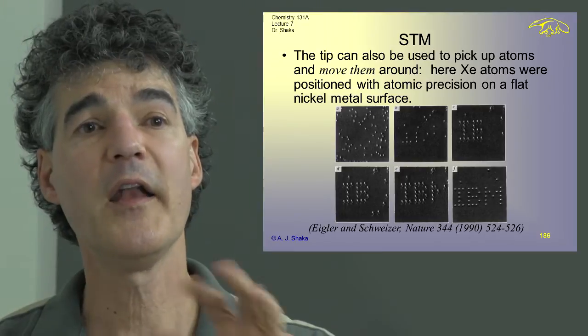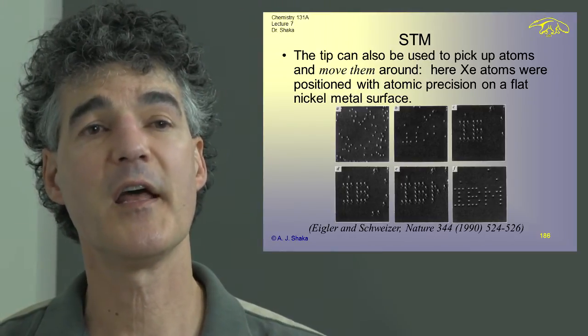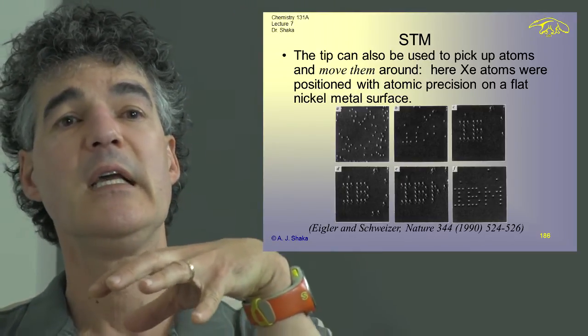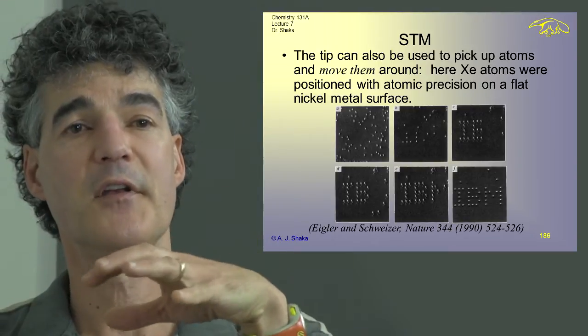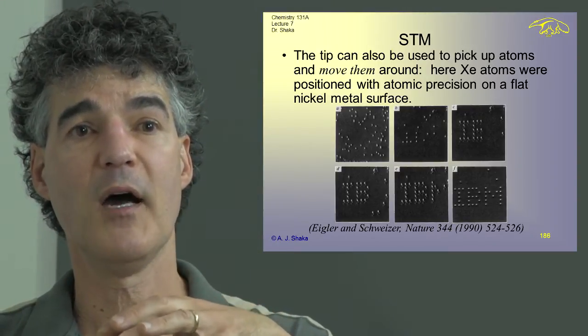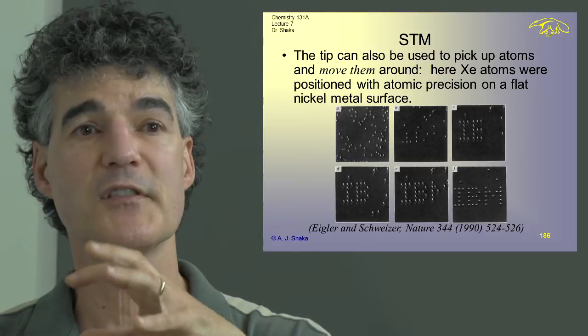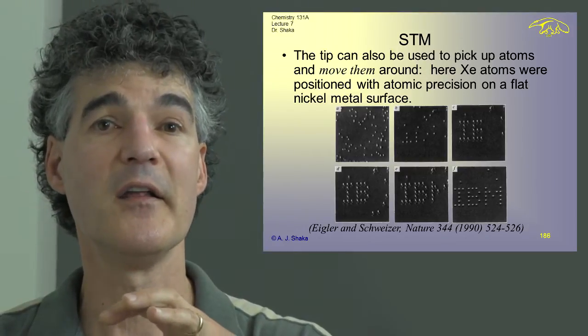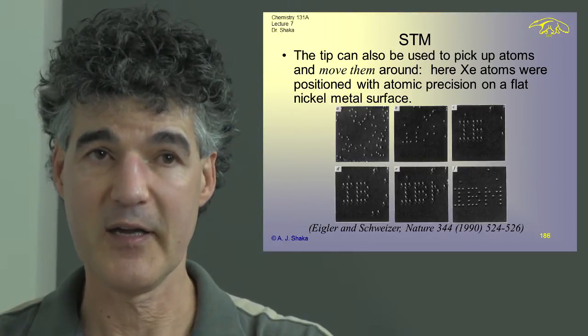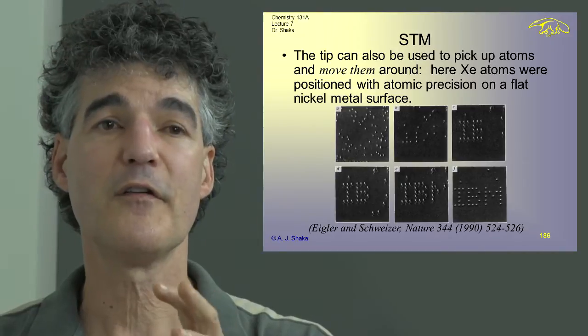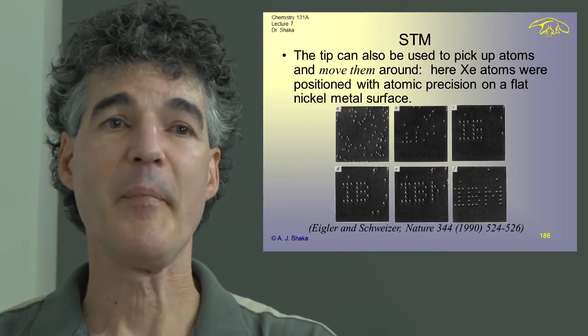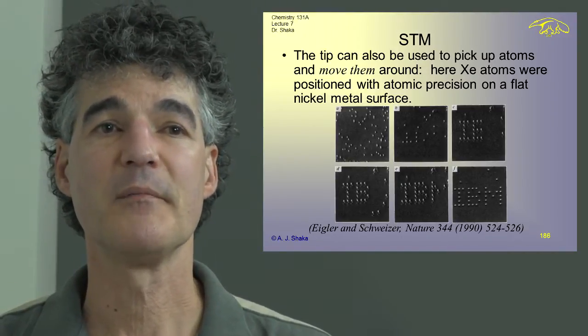And on it are scattered some xenon atoms. Xenon atoms have a lot of electron density, and they show up there as these round things, just like you might imagine a xenon atom should look. And you can see in frame A, they're all randomly positioned.